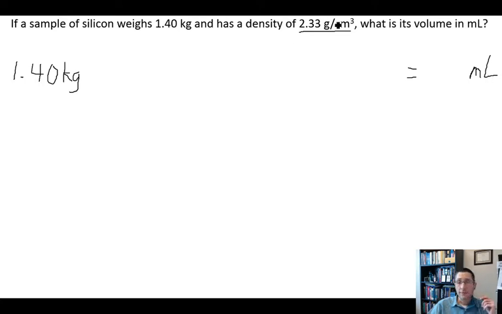What I have is a density which will give me from grams to cubic centimeters. And one thing I didn't mention in class, and sometimes in the homework it sort of assumes you know this, I'll have to specify on a test, is that 1 cubic centimeter is exactly equivalent to 1 milliliter.